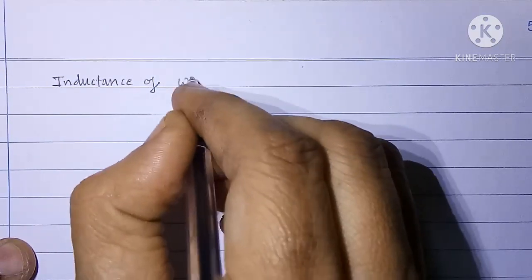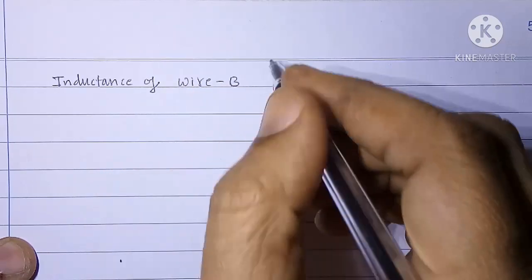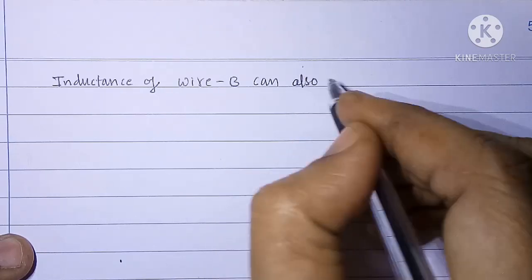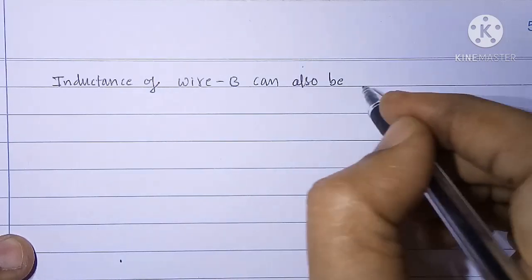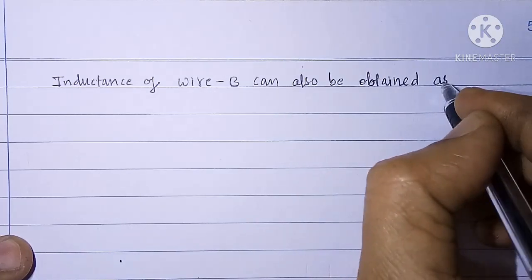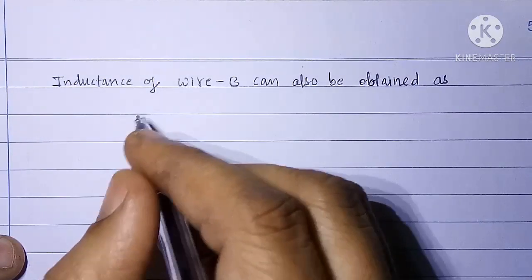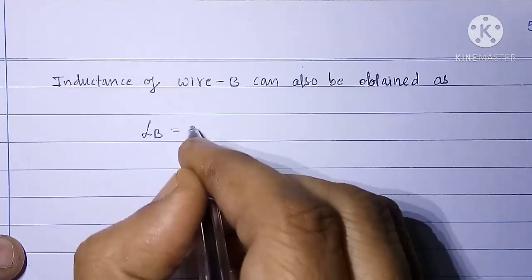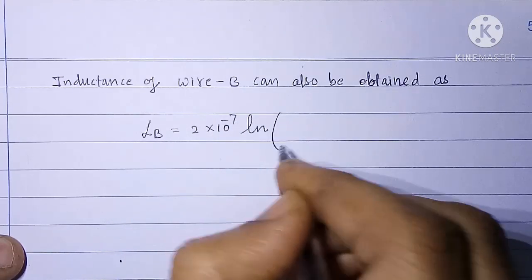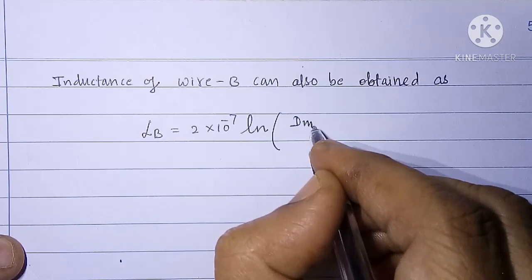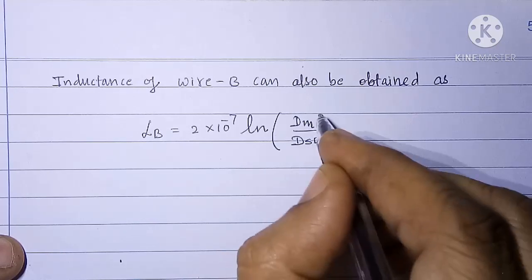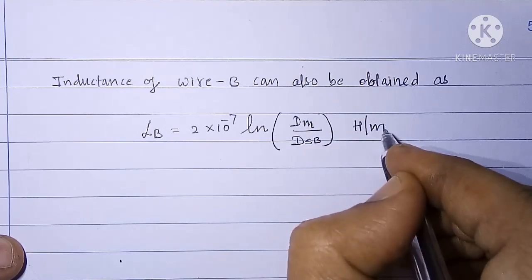Inductance of wire B can also be obtained as LB equal to 2 into 10 raised to minus 7 ln of dm upon dsB, Henry per meter.